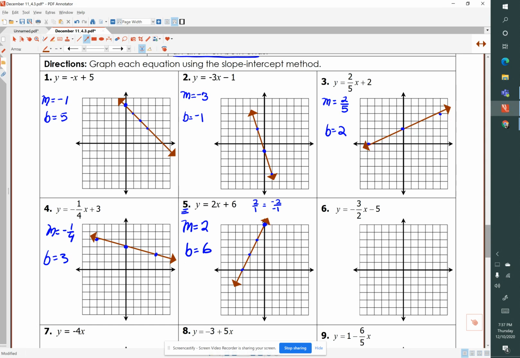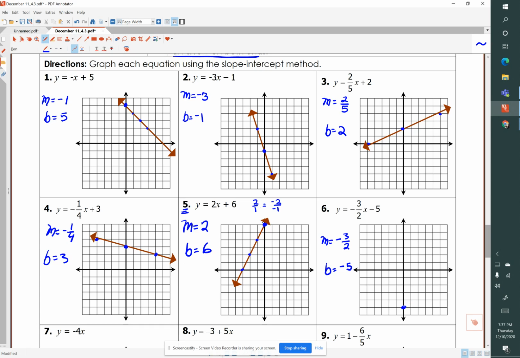Okay, number 6. The slope is negative 3 over 2, and our y-intercept is negative 5. So first we'll graph the y-intercept, 1, 2, 3, 4, 5. And we have a negative slope here.